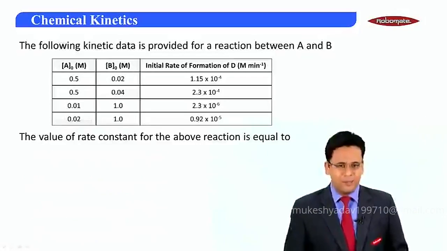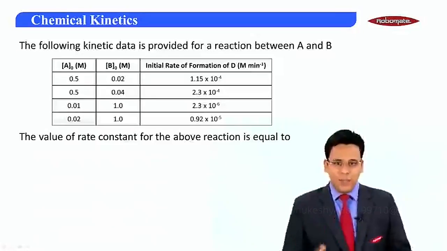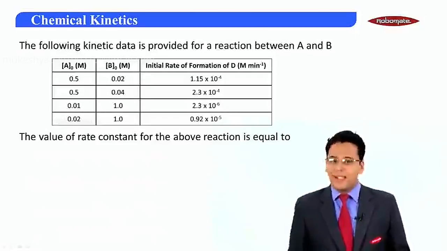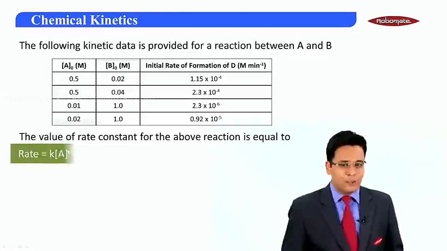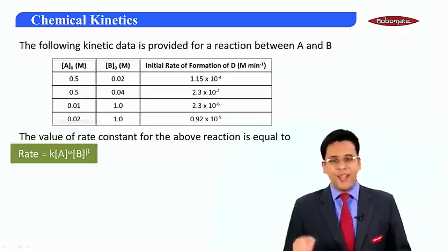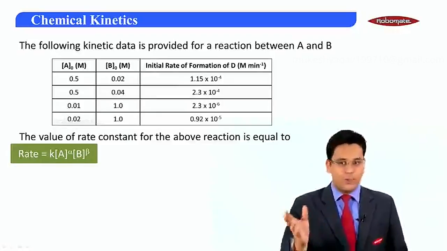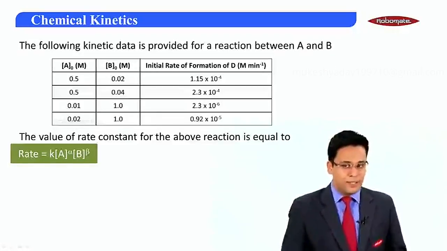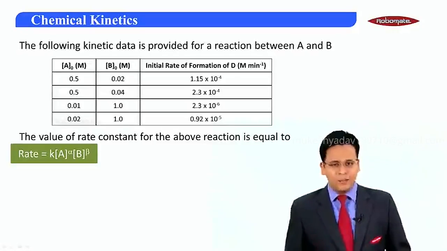Now for this multiple choice question, the rate law expression is rate is equal to K into A concentration raised to alpha into B concentration raised to beta. Now here it's pretty obvious.